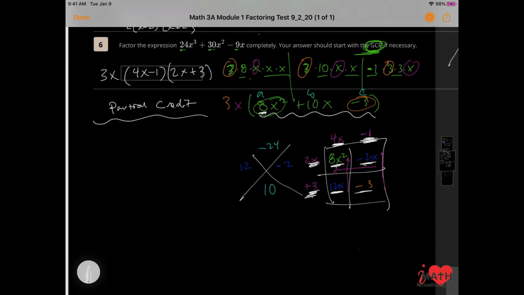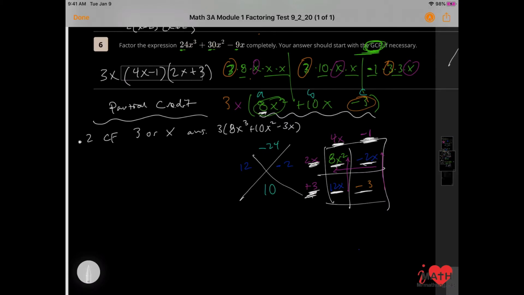Question number 6, if you got the rest of the problem wrong, if you just found a common factor of 3 or x, right? Let's just say you thought the answer was something like this: 3 times 8x cubed plus 10x squared minus 3x.